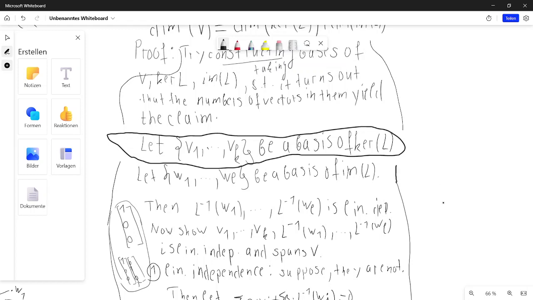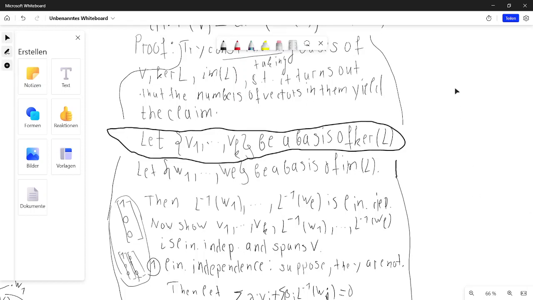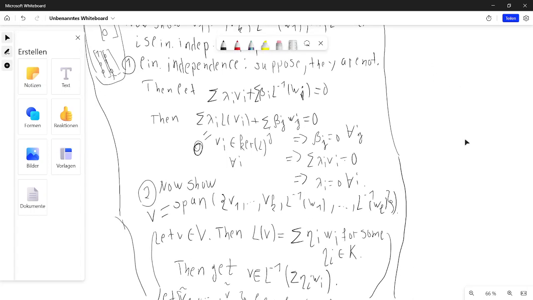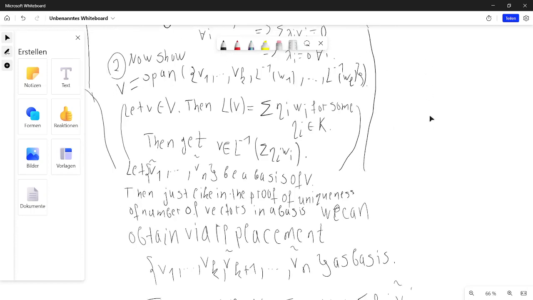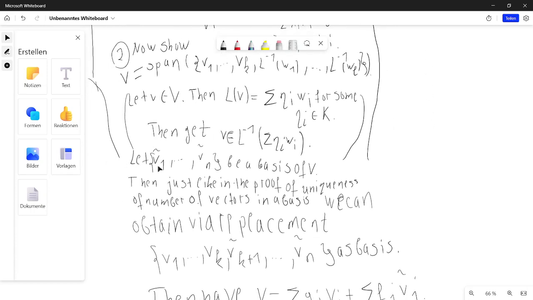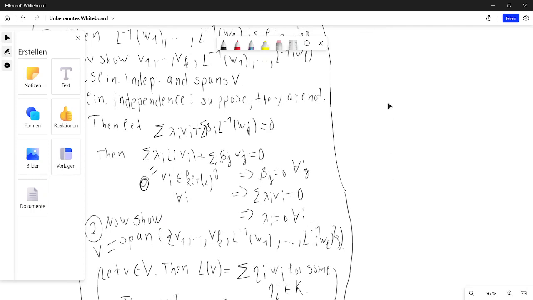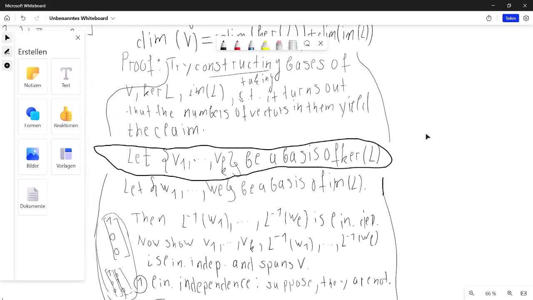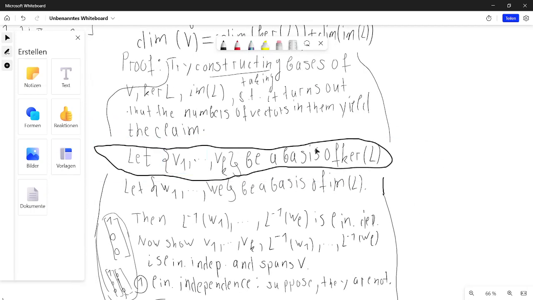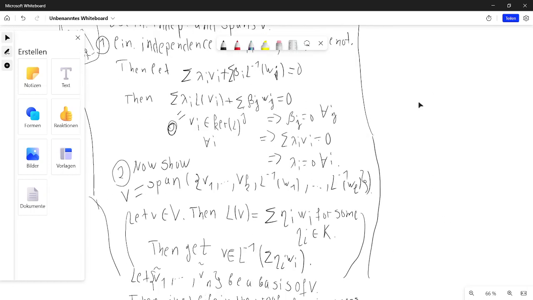All right. Then we take a basis. We took a basis of the kernel, v_1 to v_k. We know the kernel is a subspace, and it is a finite dimensional subspace because our space is finite dimensional. We took a basis of the kernel.